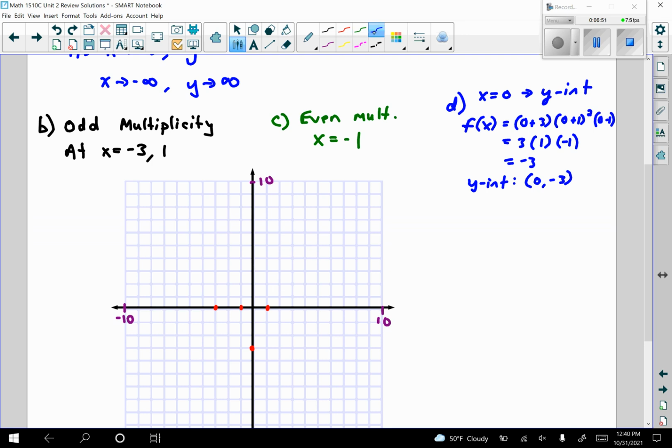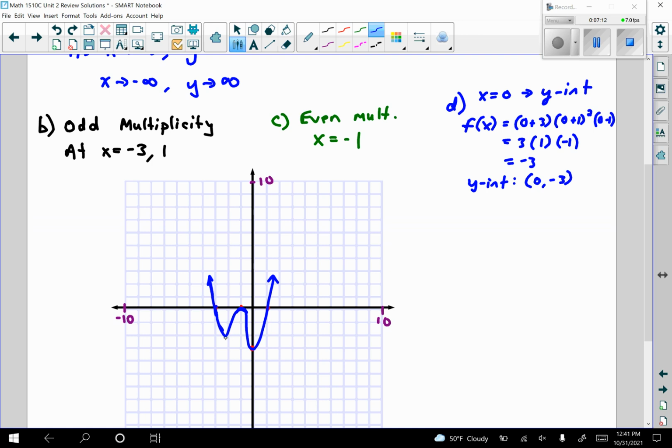We know our end behavior goes up, so at both ends, that's going to be over here. It's going to cross through. And however far down it goes, it doesn't matter. But right here is going to be a touch and turn, so it's going to go down, come back up. It has to go back down again because it needs to cross through the y-intercept here. And then at the other end, it goes up.